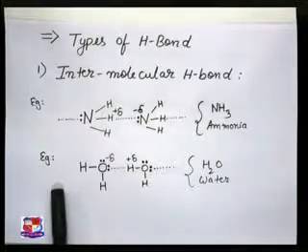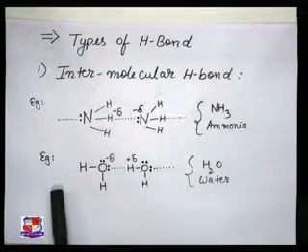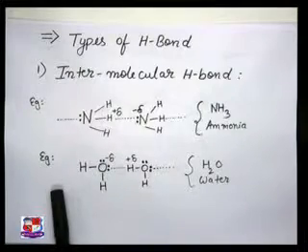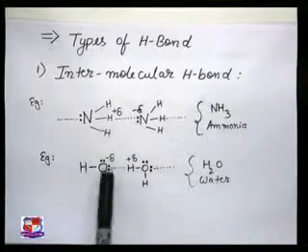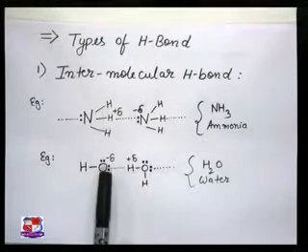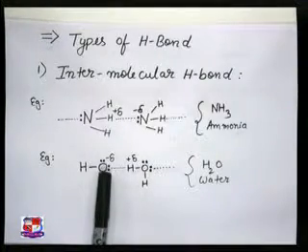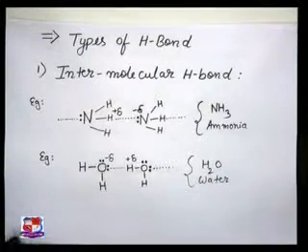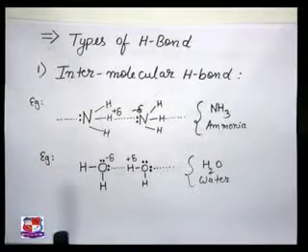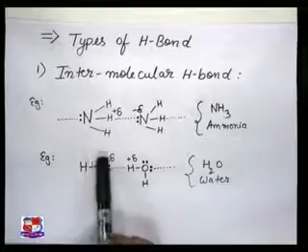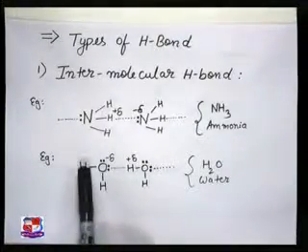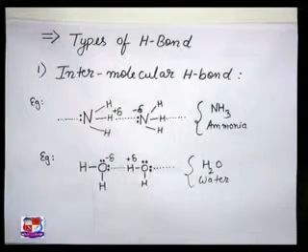Similarly, you can take another example, the water molecule, which results in the formation of an intermolecular H bond. Here there is an oxygen, and you are already aware that oxygen has atomic number 8. The configuration is 2, 6. So 4 electrons are already there, and 2 electrons are used up in forming bonds with the 2 hydrogens.